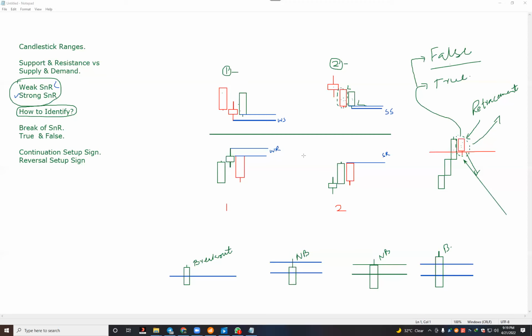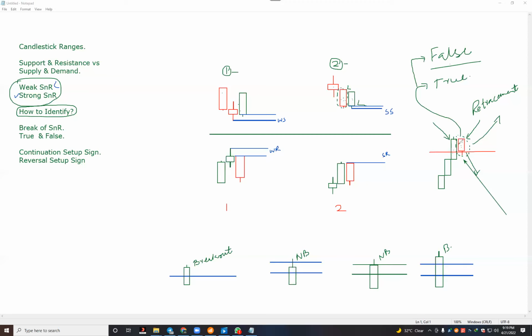I have one question. Yes, ask. When you say we will trade the retracement, does that mean we would wait for it to close at that level, or will we trade it as soon as it opens? No, we will trade when this candle shows as a breakout.